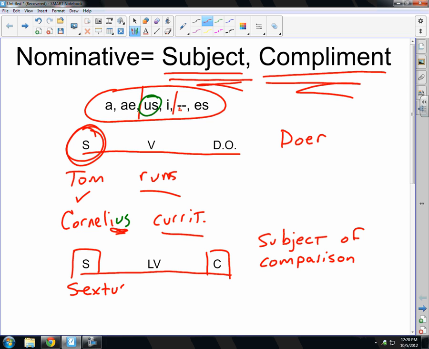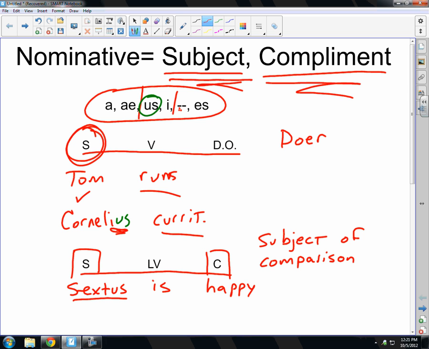So in English, we would say that Sextus is happy. Well, Sextus is the subject of this comparison. We're describing what he is. He is happy. Because he is the subject of this comparison, it's telling me what he is, then he is the subject of that sentence.